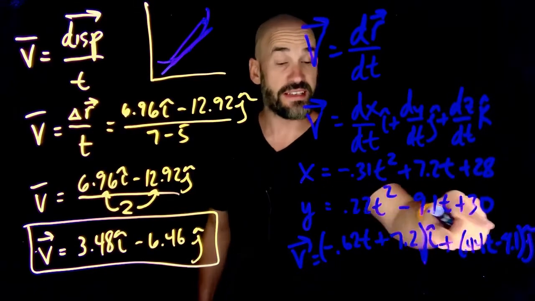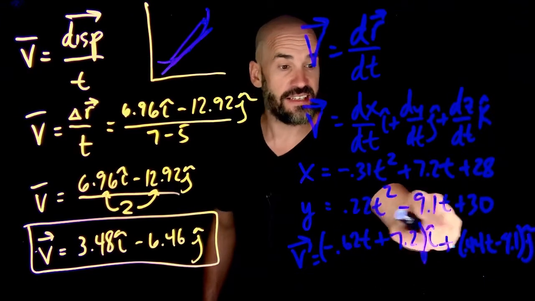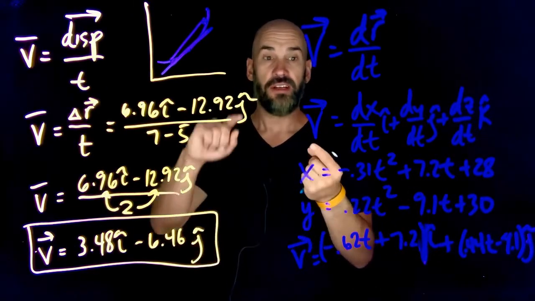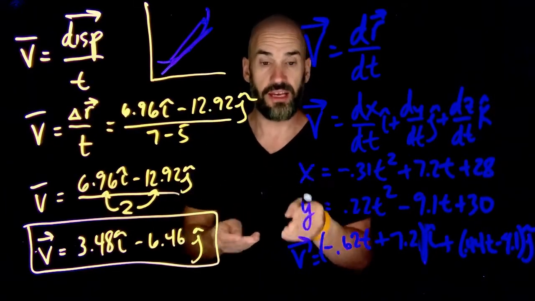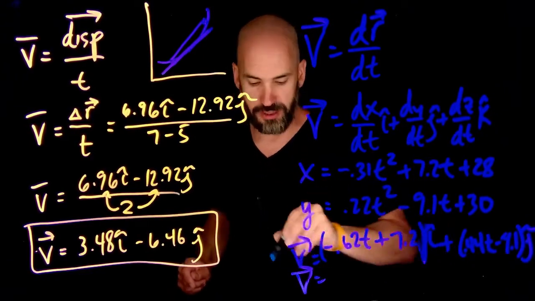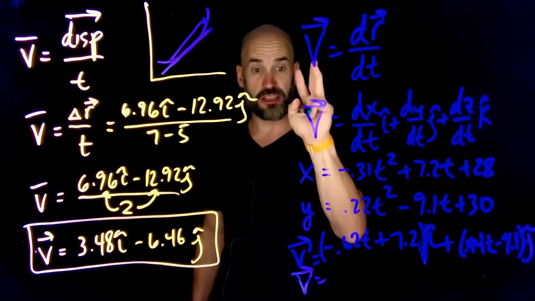What this means is I can take any time in the entire world, put it inside these t's, and I have my velocity vector for that point. In other words, I have the magnitude of the velocity and which direction I'm moving in. So let's follow that out for this problem. It says, what would be the instantaneous velocity at specifically 3 seconds?